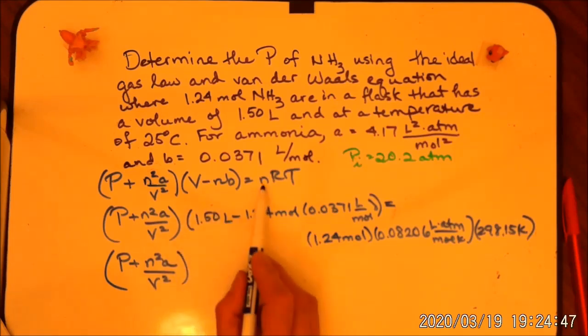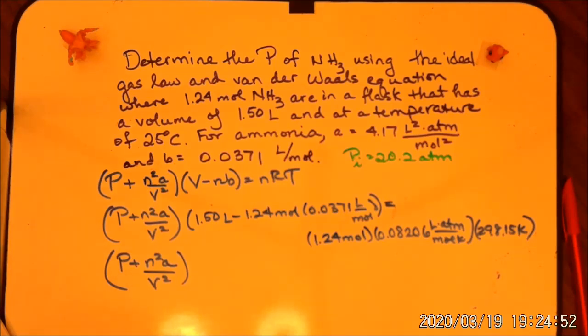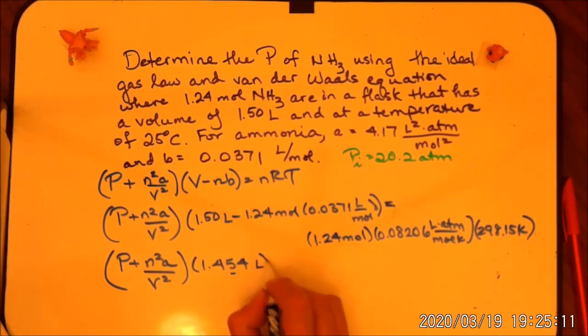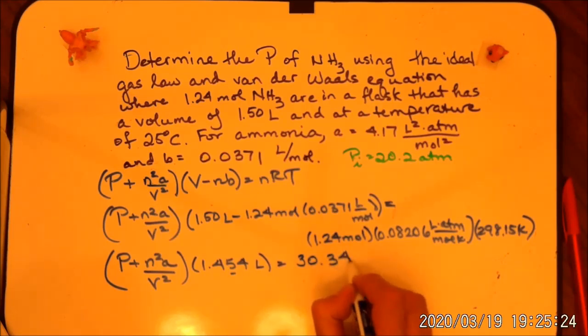So let's get those two values. 1.24 times 0.0371, and you subtract that from the 1.50, so I get something like 1.454 liters. And 1.24 times 0.08206 times 298.15 gives me 30.34.